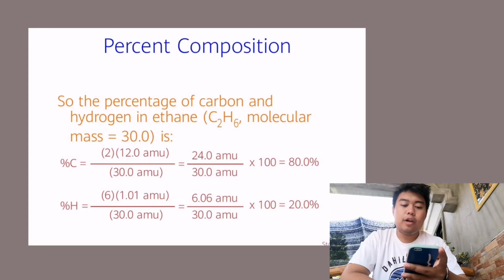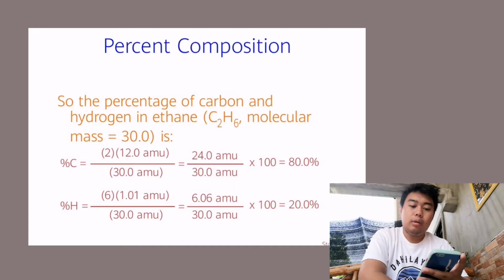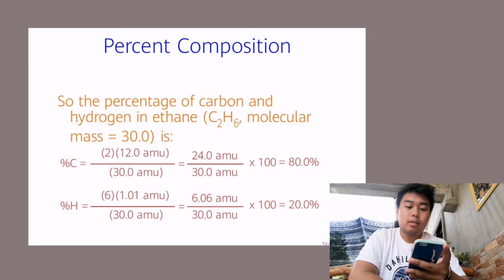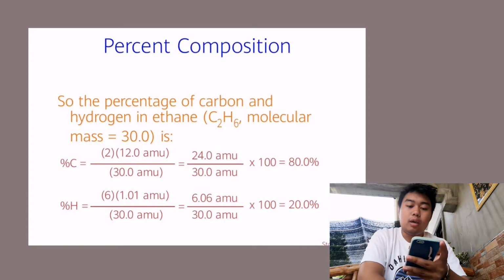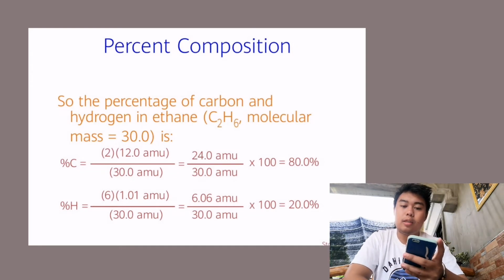So the percent of carbon and hydrogen in C2H6, with molecular mass equal to 30, is: C equals 2 times 12.0 AMU divided by 30 AMU equals 24.0 AMU divided by 30 AMU times 100 equals 80%.